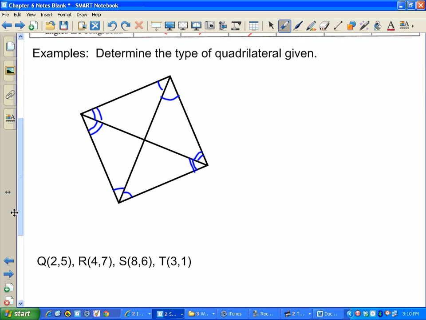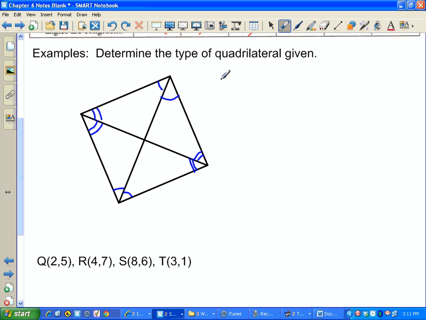All right, determine the type of quadrilateral given. So let's say this is my picture, and that's what I have marked. What can I determine from this? Well, I can see that my diagonals are bisecting the angles. And I can also see that my opposite angles are congruent, because these are two sets of double lines. So these both are the same, and these are the same.